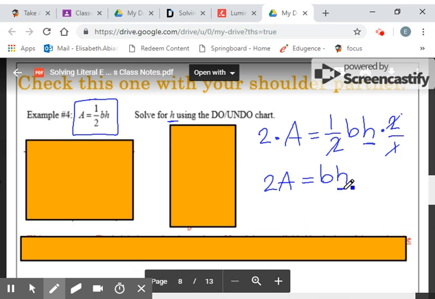Still not done. We have one more step to get the height by itself. It's being multiplied by the base, so we're going to divide it. Those cancel out on our right side. And our final answer is 2a divided by b equals the height.